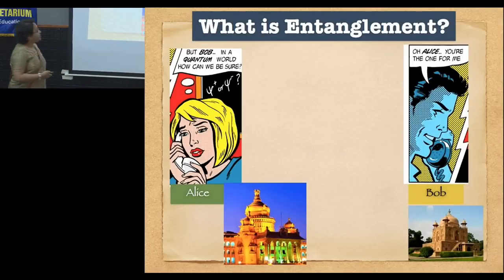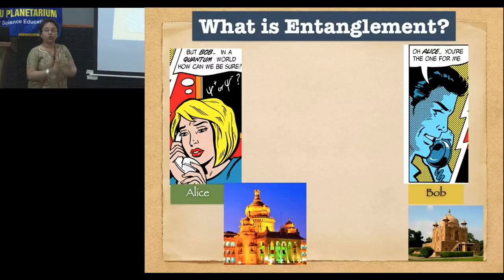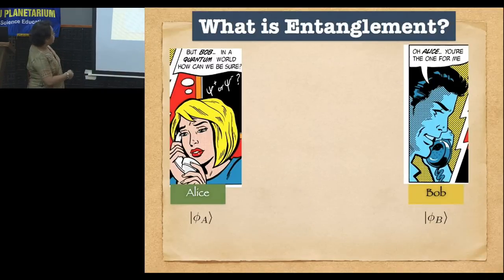Alice and Bob are situated in 2 different, distant locations. Now suppose Alice prepares a certain quantum mechanical state in her lab, and Bob prepares a certain quantum mechanical state in his lab.